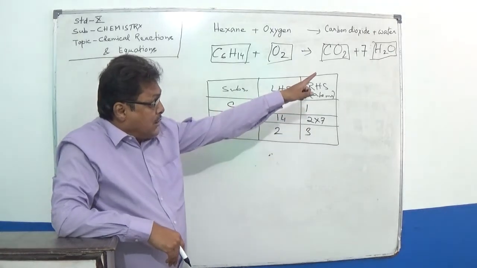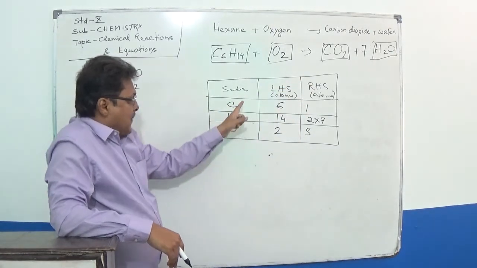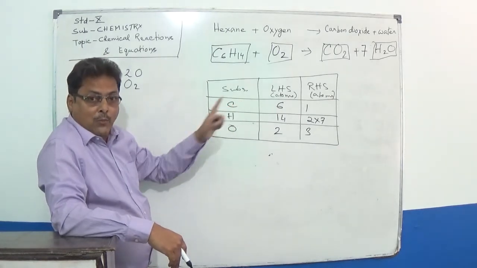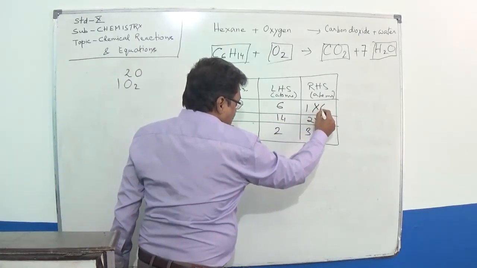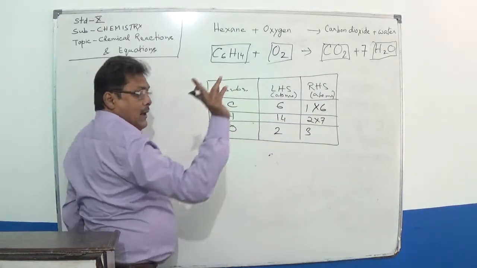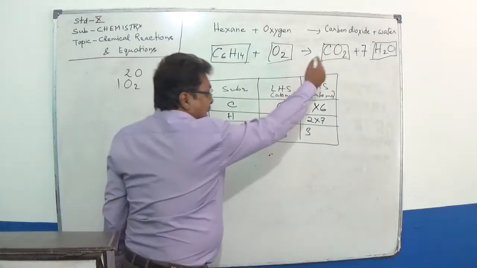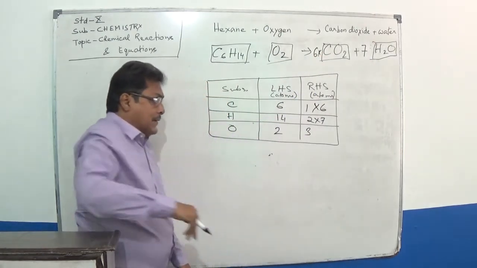So the number of oxygen also changes, but we will come to that later. Let us first balance the second largest number of atoms, carbon. Let's multiply it with 6. So only compound with carbon on the product side, that is carbon dioxide, we must multiply it with 6.